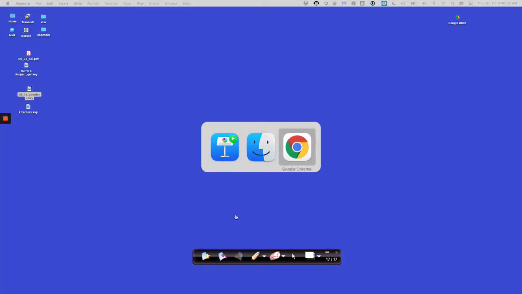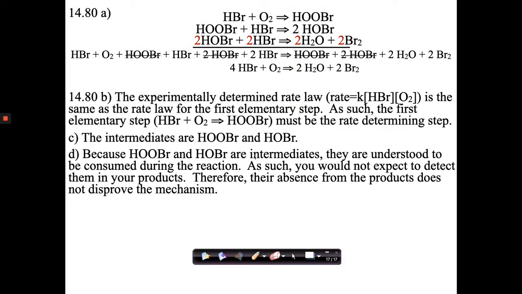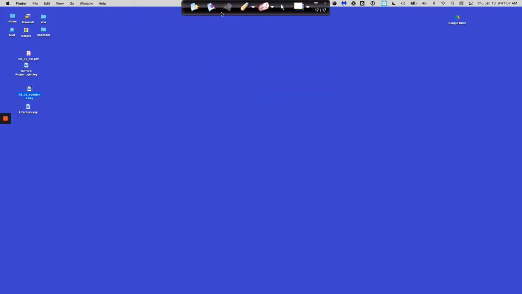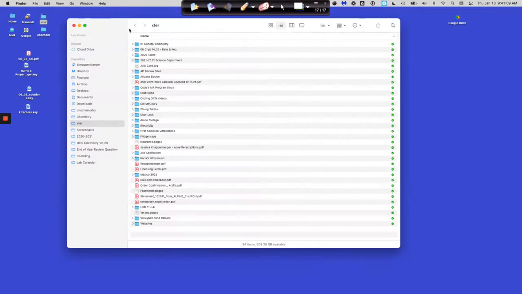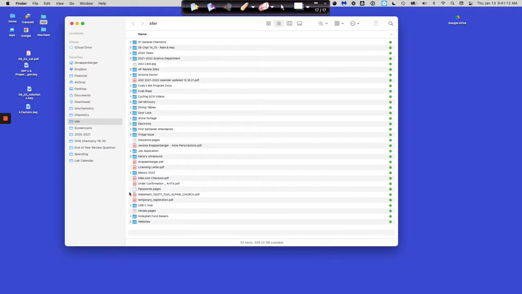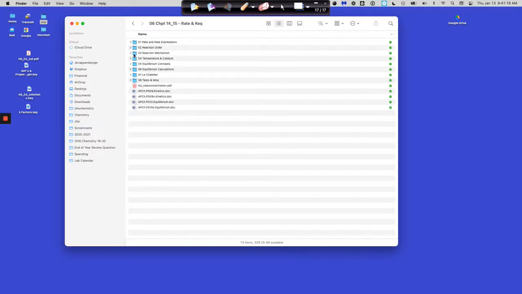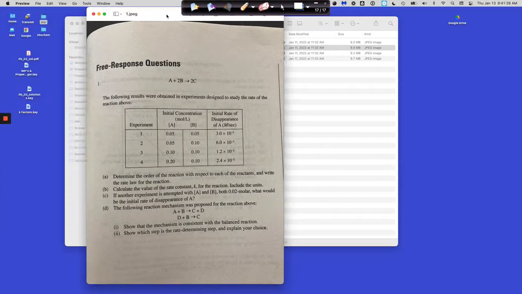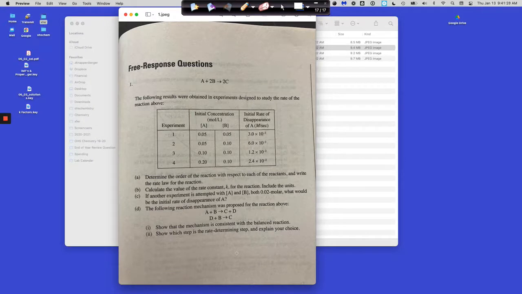Nope. So let me do this and this and this and this and this, and I thought, I know where I put them. Here, here, here. Okay. So guys, these are the ones from the book. Was there anything weird in this one?